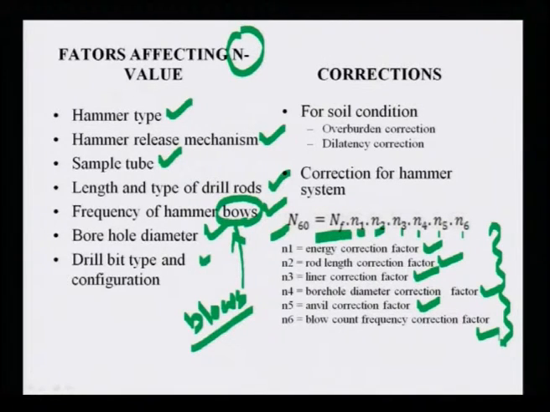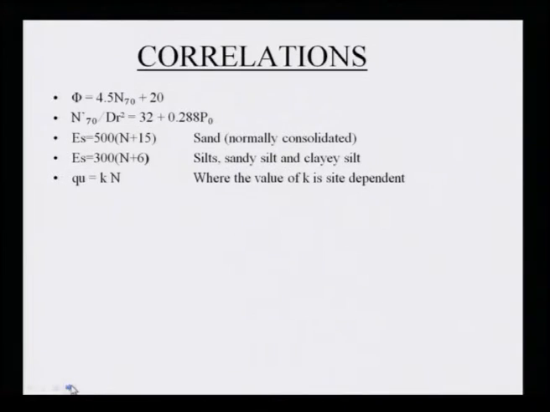Once you take N60, then it is your field value of penetration blow. These corrections are required, meaning you have to apply them. Then the correlations have also been explained earlier. For normally consolidated sand, you can find ES is equal to 500 into N plus 15.